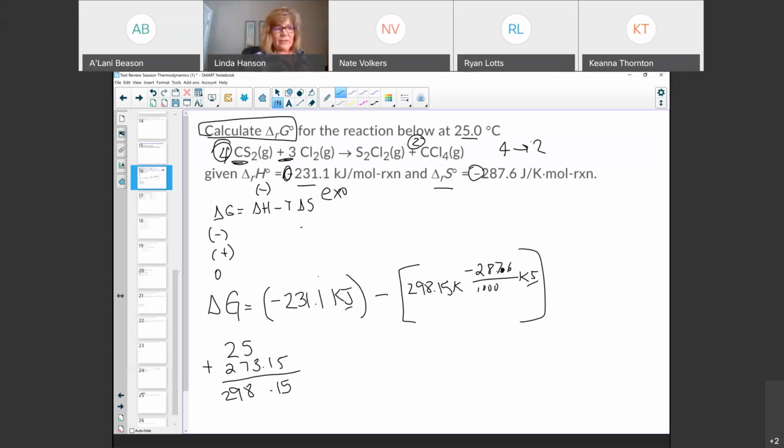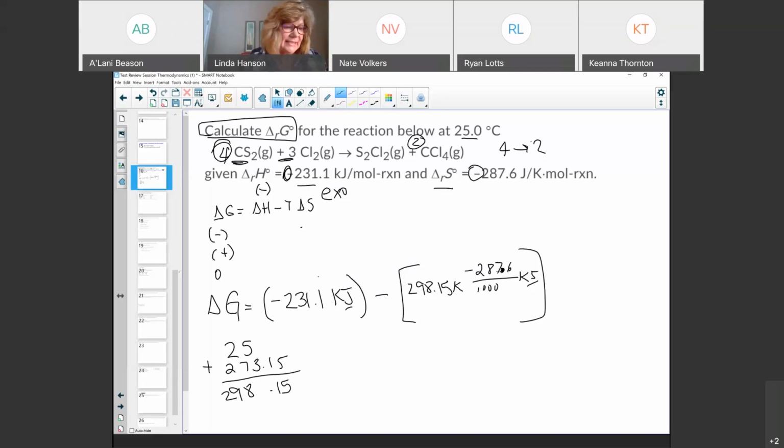All I have left to do now is grab my calculator. Please do the same with me and double check we get the same answer. I'll take the delta H value, negative 231.1, minus 298.15 times 0.2876.